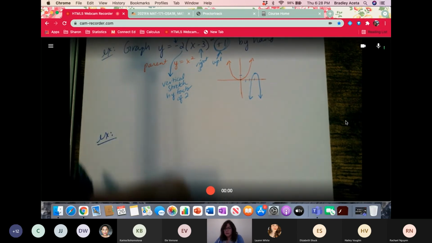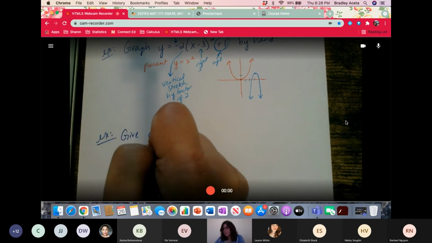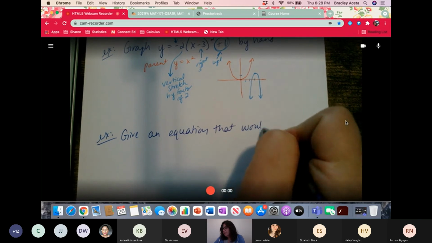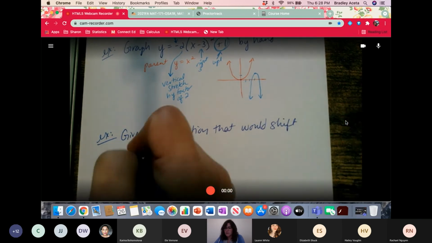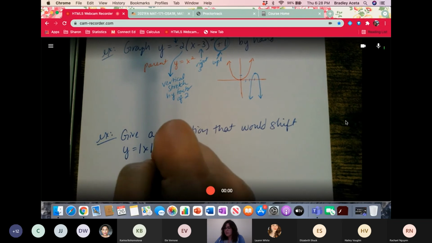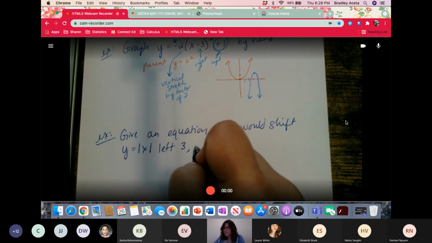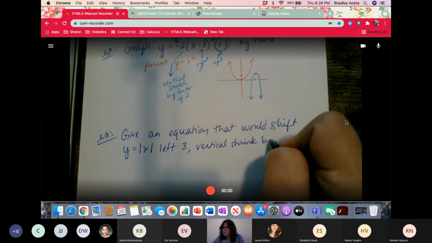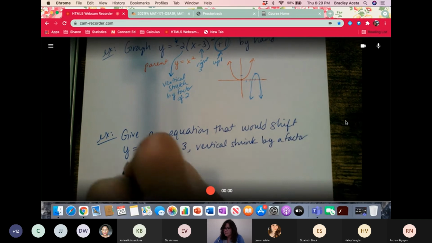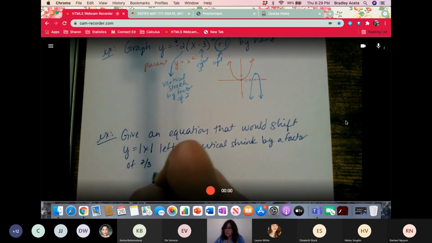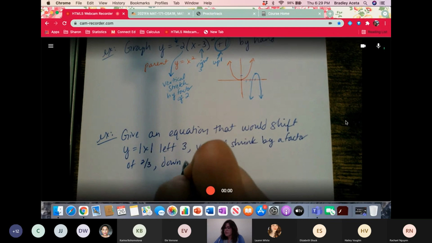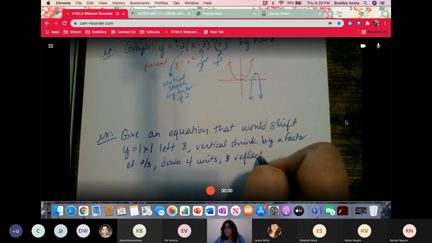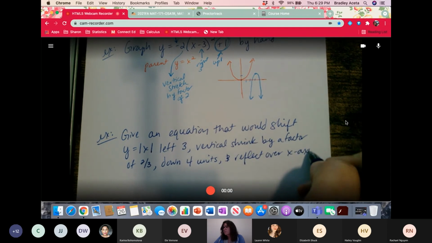Then I saw this one: give an equation that would shift y equals the absolute value of x left 3, vertical shrink by a factor of 2/3, down 4 units, and reflect over the x-axis.